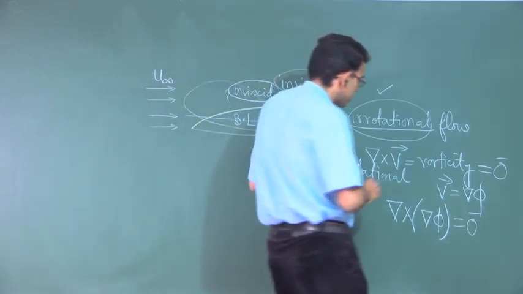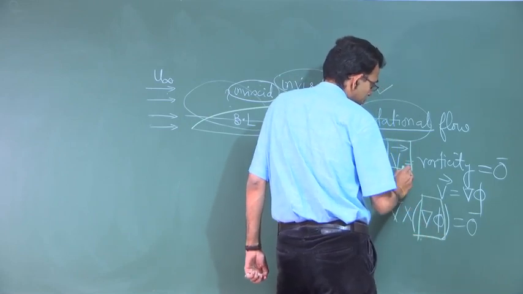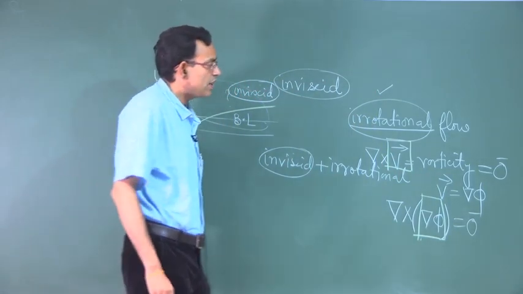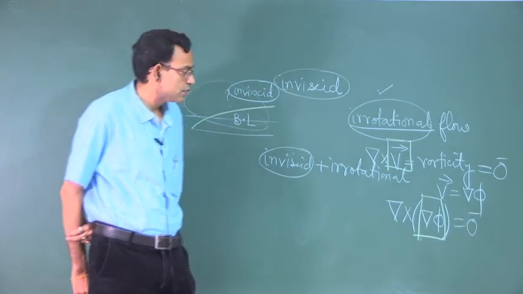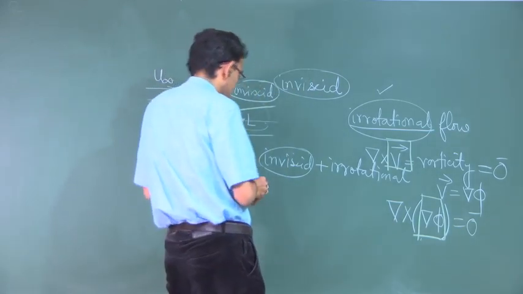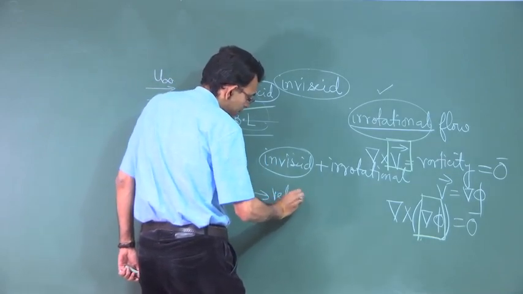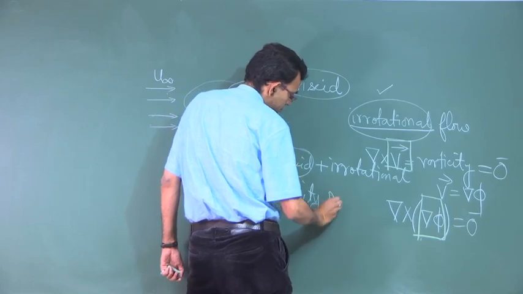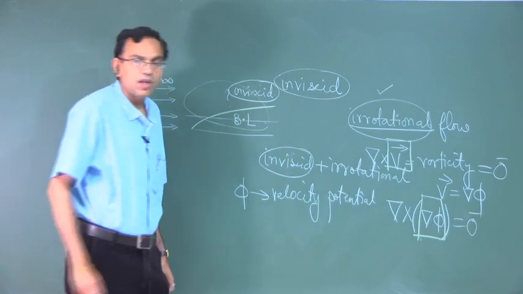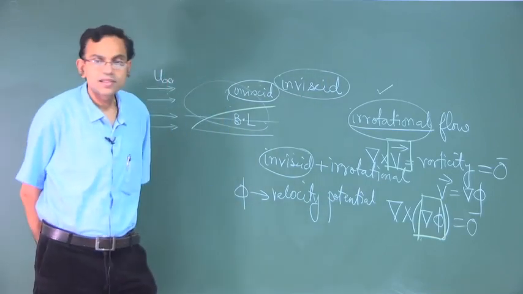So that means we can say that these two are synonymous when the right hand side is 0. So this potential function is called velocity potential, and flows where the velocity potential exists are called potential flows.